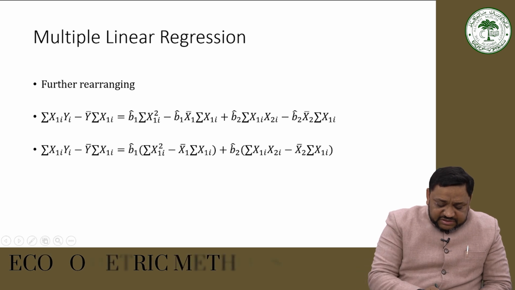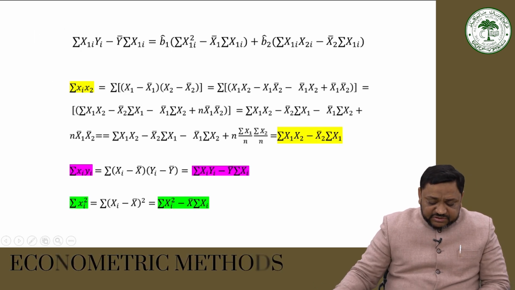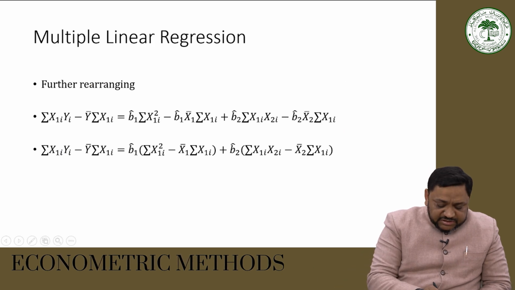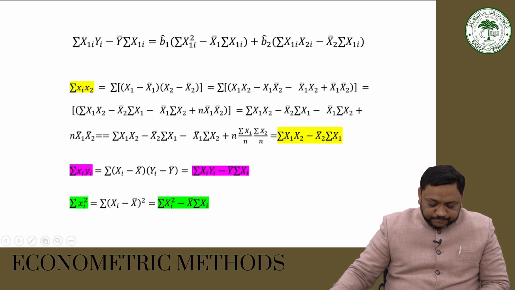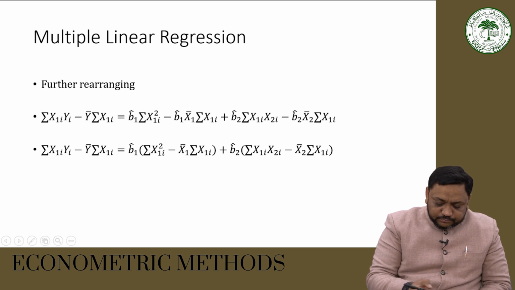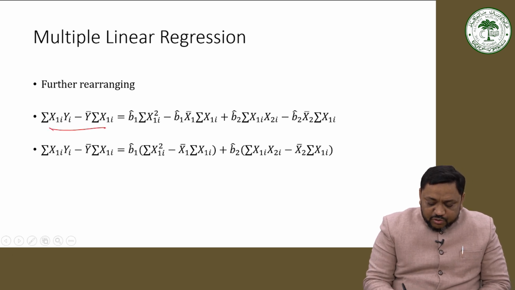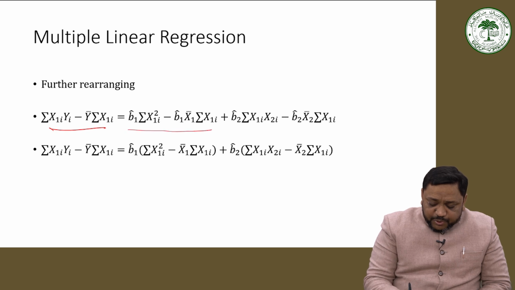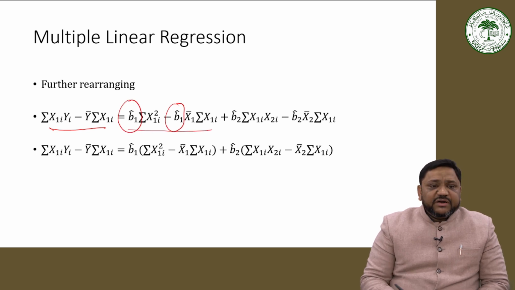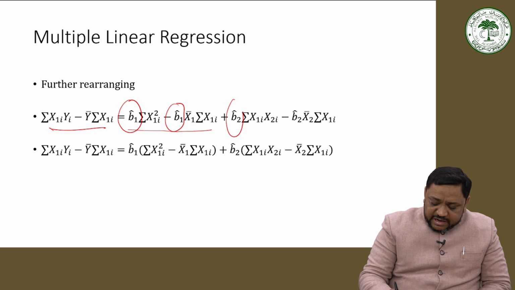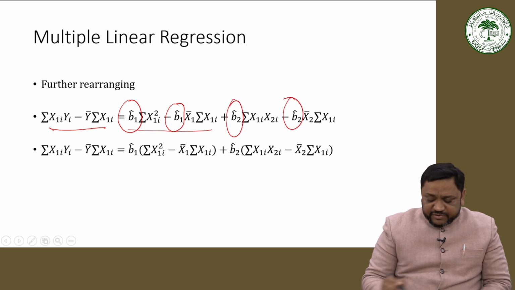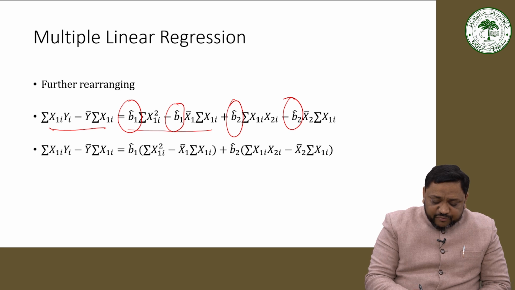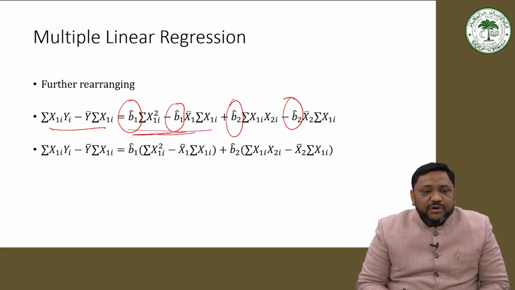Further rearranging, this is as it was in the previous equation. Now, for the remainder over here, we try to put b1 terms together and b2 terms together. Earlier they were not together as such. So once it is done, we take b1 hat common over here.